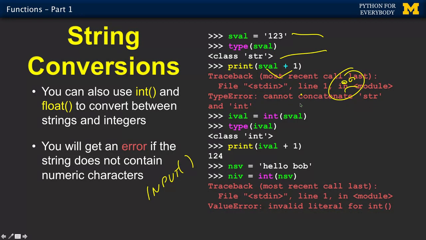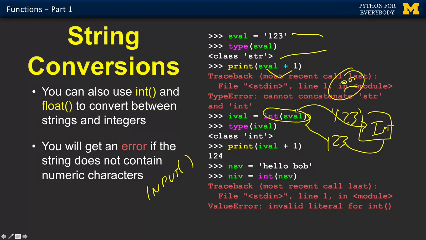But if we take this same 123, and here's a little code called the int function, we pass sval in, which is 123 the string, and we get back 123 the integer. Then that replaces this in the function, and then 123 the integer is assigned into ival. We say, hey, what kind of thing is ival? Well, it's an integer. We can add 1 to it and get 124.